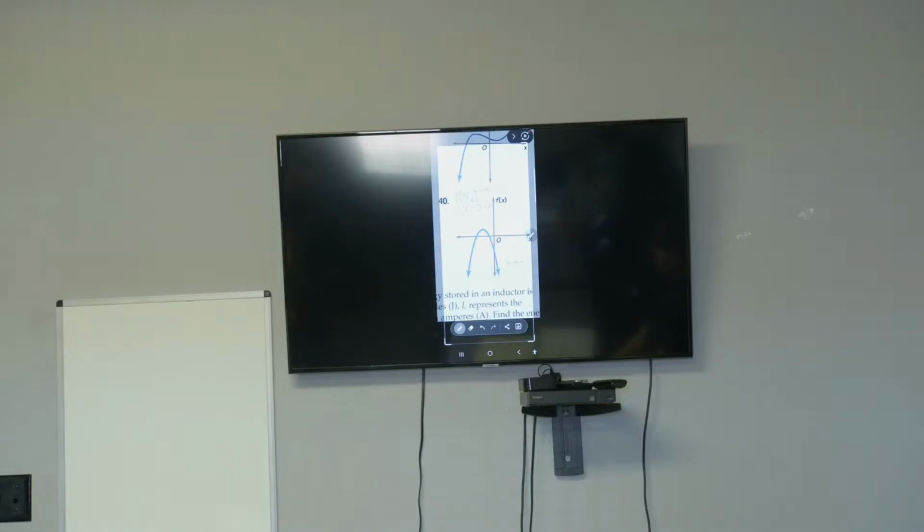Negative infinity. So f of x approaches, what is happening? Approaches negative infinity. So the answer to A is this purple stuff. That's the end behavior, right? It's asking for the end behavior. That's what it's asking for.